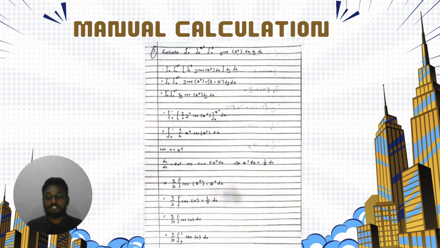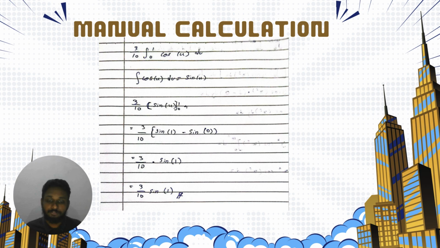Substituting into the integral, 3 over 2 integral of cos z to the power of 5 times z to the power of 4 dz becomes 3 over 2 integral of cos u times 1 over 5 du. Then we get 3 over 10 integral from 0 to 1 of cos u du.